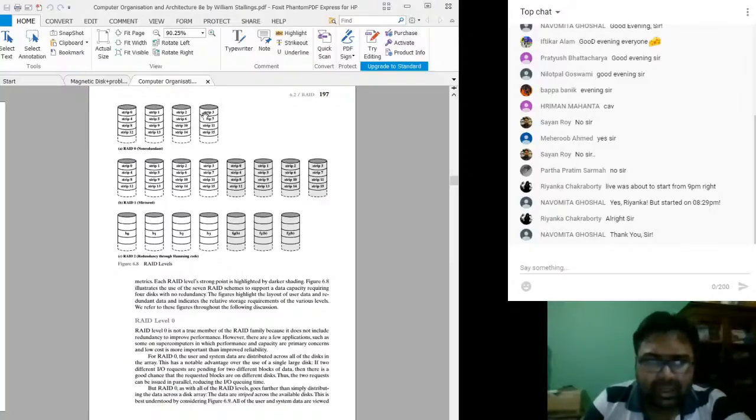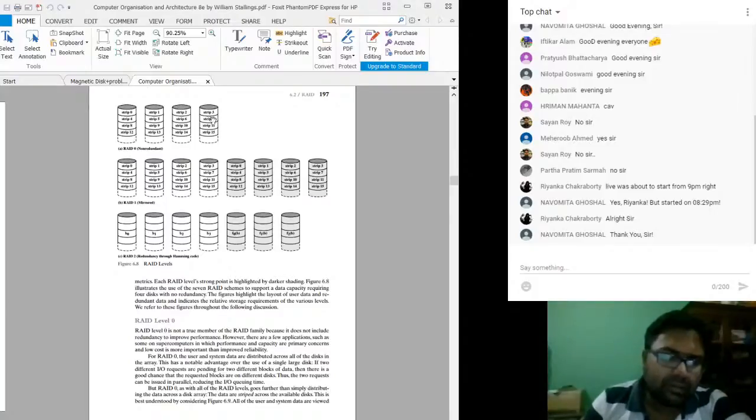This first entire row, strip 0, 1, 2, 3, the first n strips, is known as a stripe. Then next is the second stripe of data, which is strip 4, 5, 6 and 7.